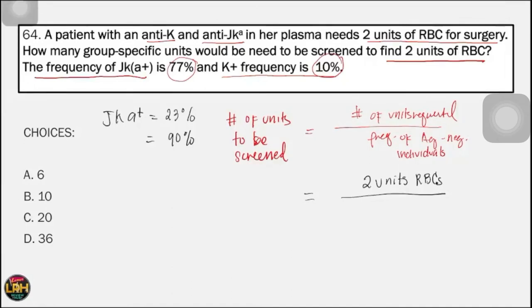Using that value, we compute the number of units to be screened: 0.23 multiplied by 0.90, and we get 9.56, or equivalent to 10 units. So for number 64, the answer is letter B, 10 units.